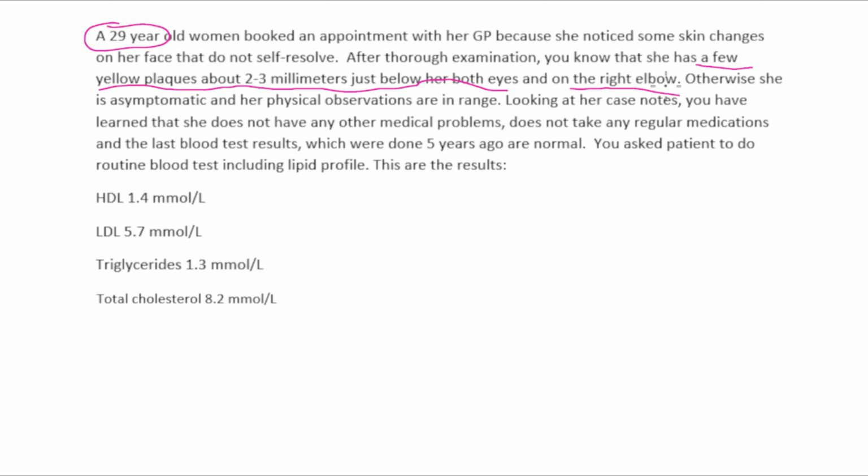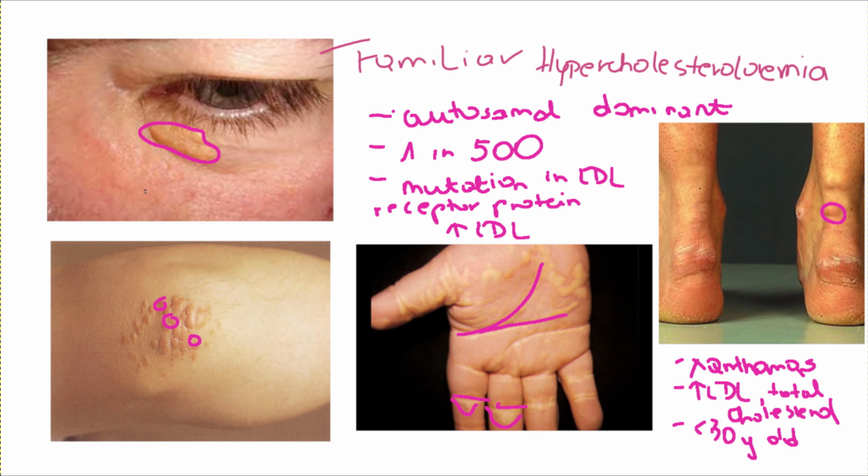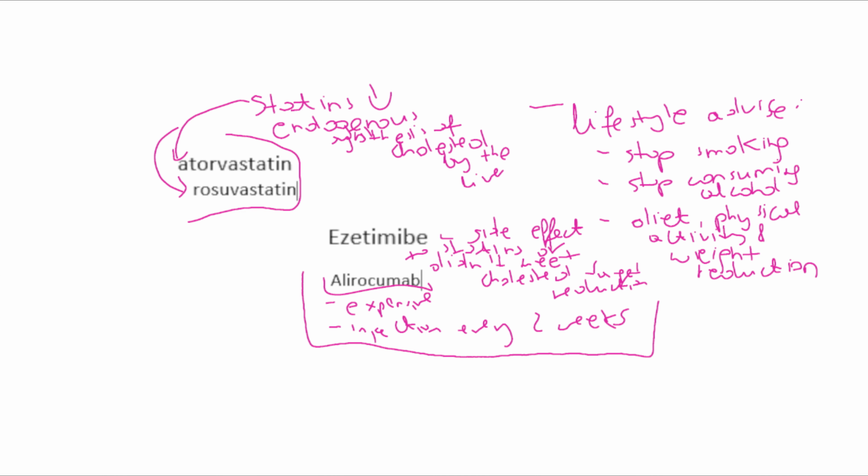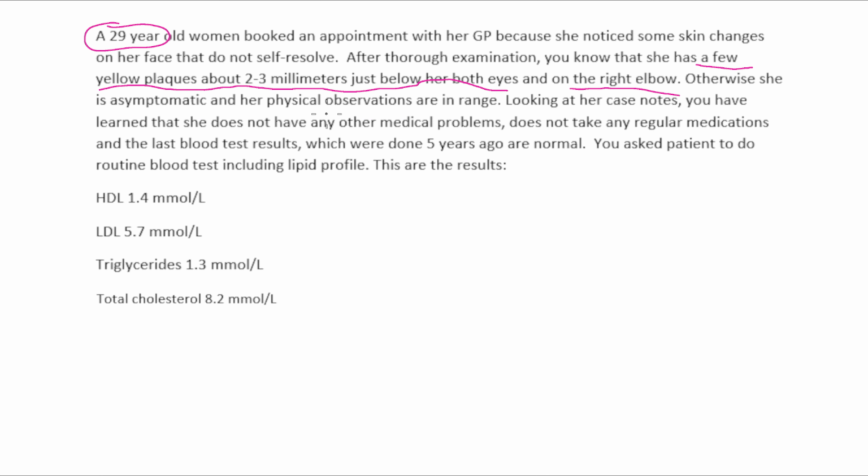So we expect that she has something like this in the first picture, and also here on the elbow. Otherwise, she is asymptomatic and her physical observations are in range.